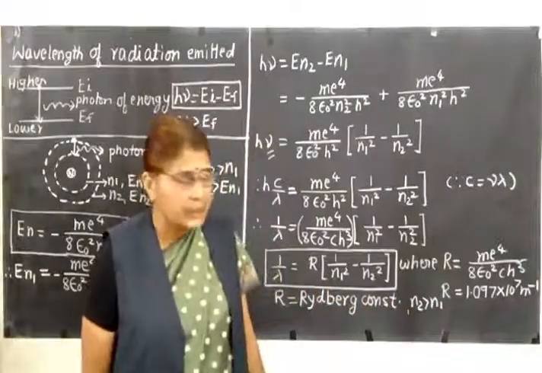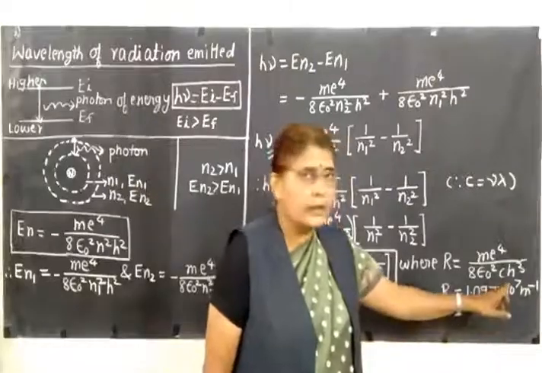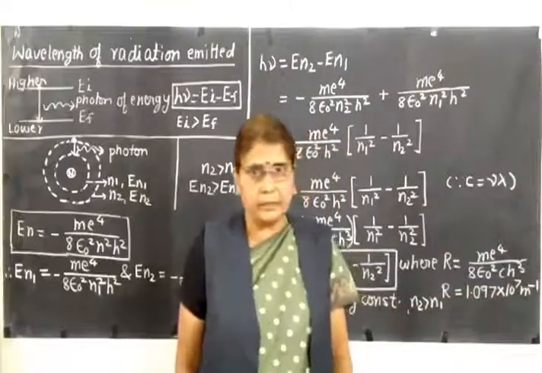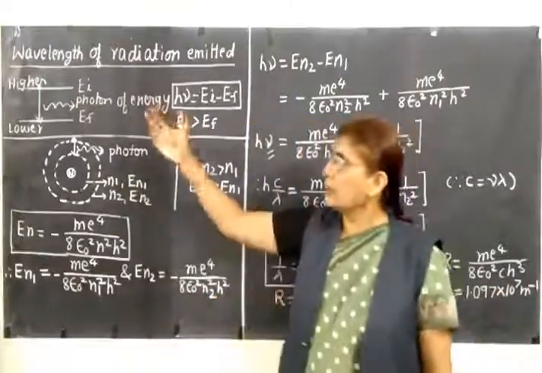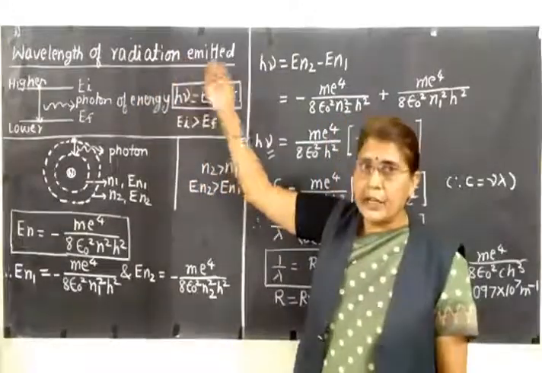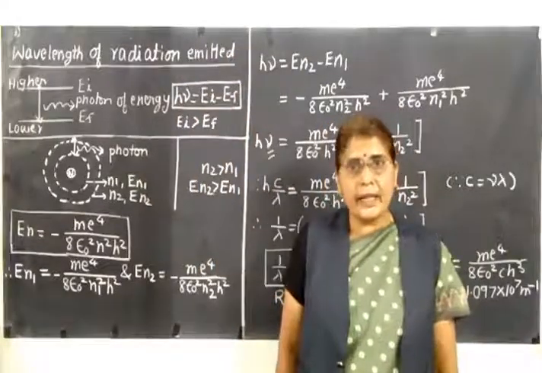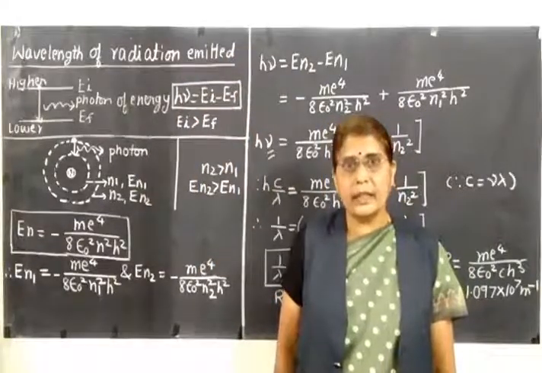And the value of Rydberg's constant is 1.097 into 10 raised to 7 per meter. So this is all about the wavelength of radiation emitted when an electron makes a transition from a higher energy orbit to a lower energy orbit.